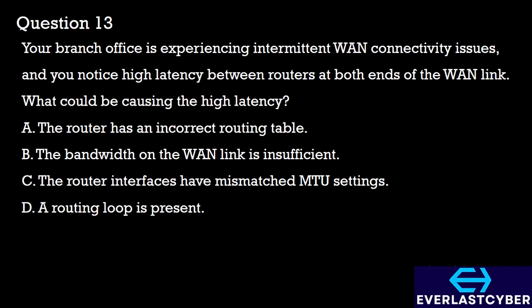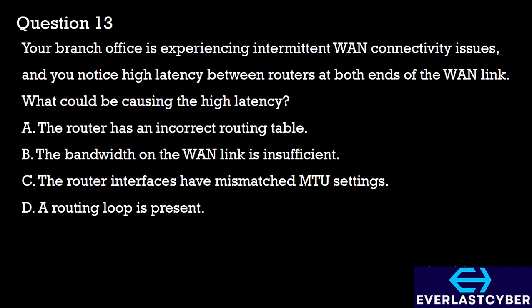An incorrect routing table would likely cause incorrect or failed routing rather than latency. Latency is more related to network congestion or link quality. Insufficient bandwidth can cause network congestion, leading to high latency, packet drops, and intermittent connectivity issues.